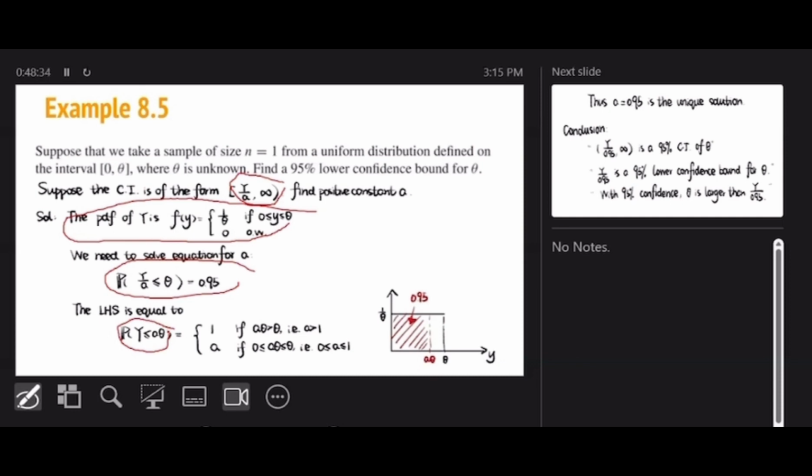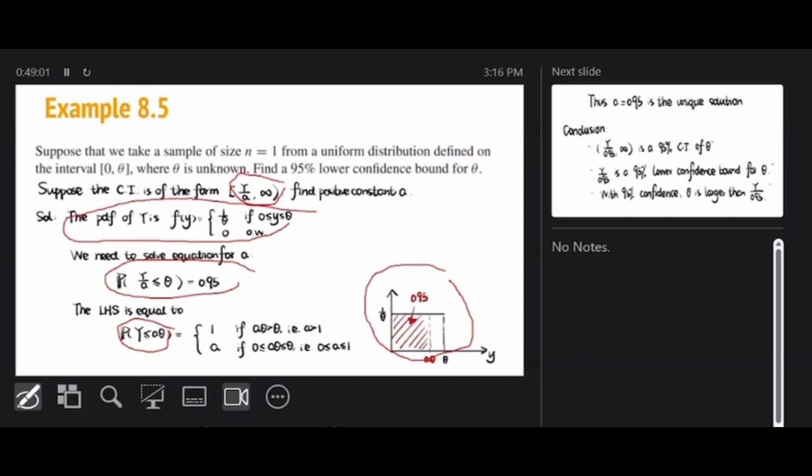Okay, and when you take a look at the other hand here, we can actually partition the entire thing into two, equal to 0.95. And why do we have 1/theta? That's a uniform. It's going to be the same, 1/theta for whatever values of theta, for a theta.